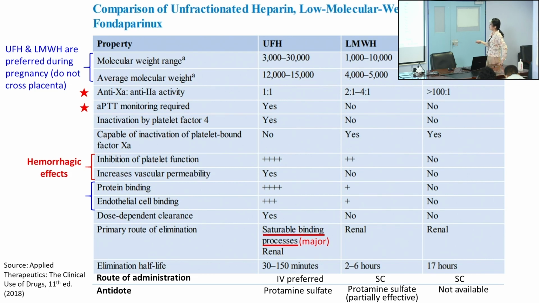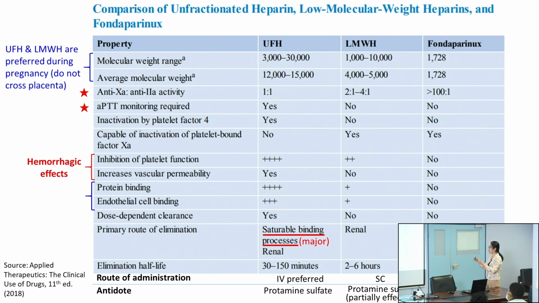Okay, and in terms of the elimination, low molecular weight heparin and fondaparinux are primarily eliminated by the kidney. But for unfractionated heparin, most of it is metabolized when it is binding to other things, like binding to endothelial cells or other proteins.